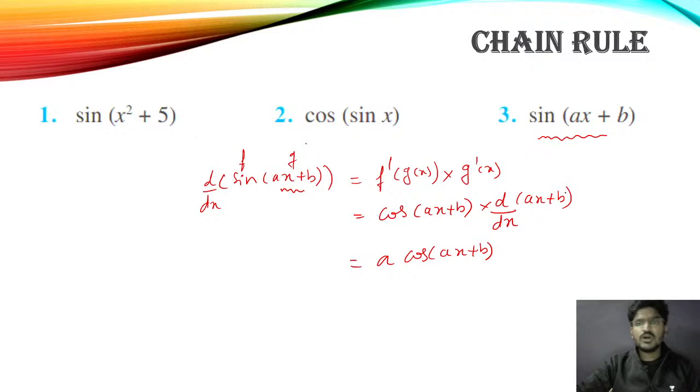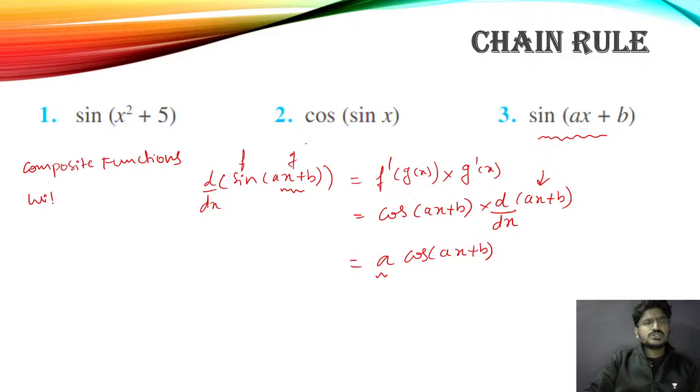Clear? Because the differentiation of ax plus b is a, and the differentiation of sine is cos. So like this you have to differentiate the composite functions with chain rule.